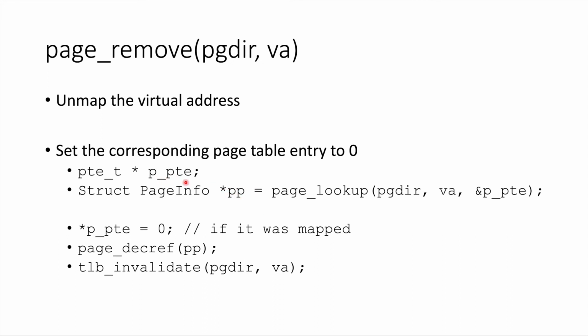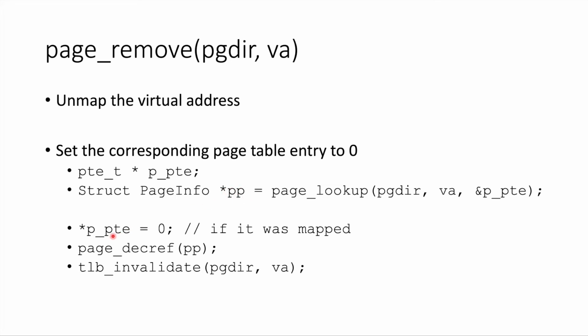But if there's a mapping, then you need to unmap the page table entry. To do that, you just set the page table entry to 0. Then it will zero out all the flags and the address, so it will make your virtual address no longer mapped to the physical address pointed to by this page info pp.